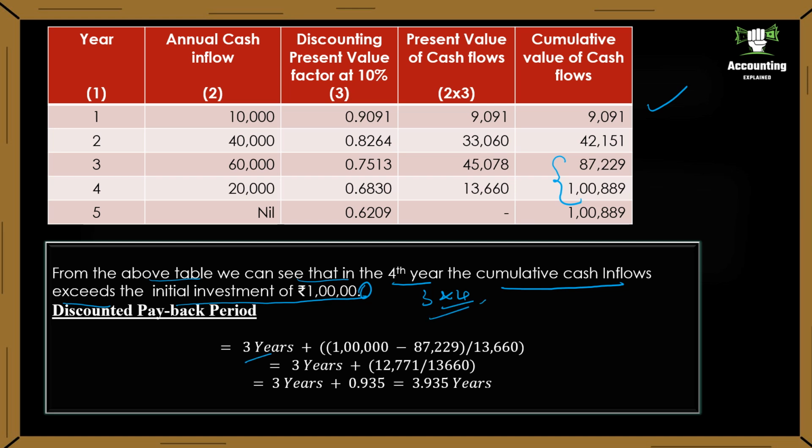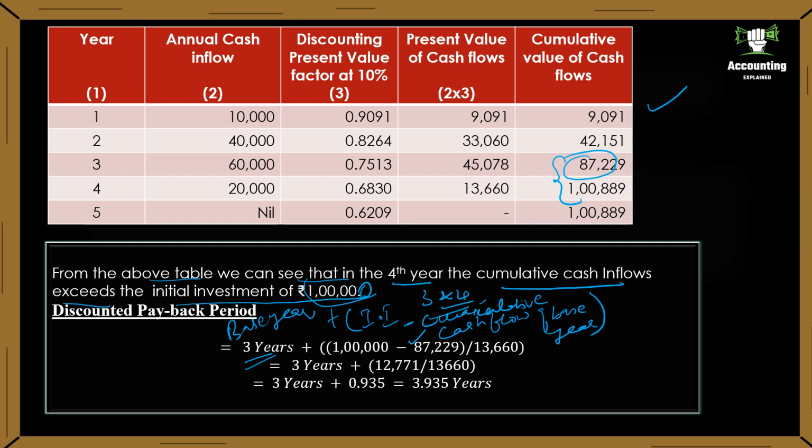Now you have to take the base year first. What is the base year? Base year is the third year. So 3 years plus initial investment, which is 1 lakh, minus the cumulative cash flow of the base year. What is the cumulative cash flow of the base year? 87,229. That is what we have taken here.